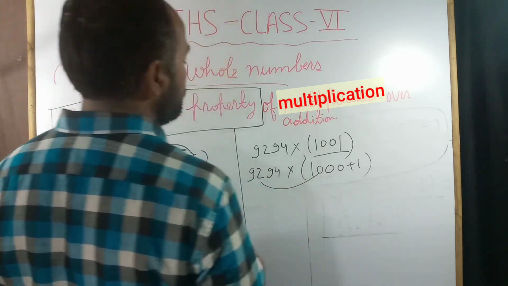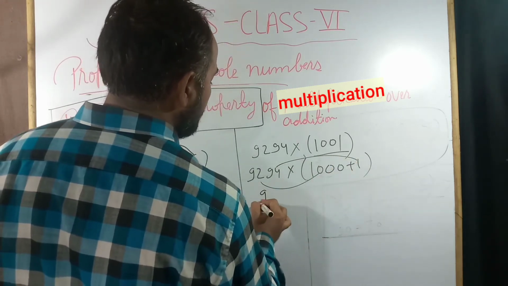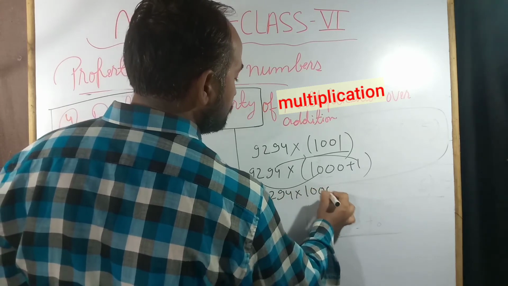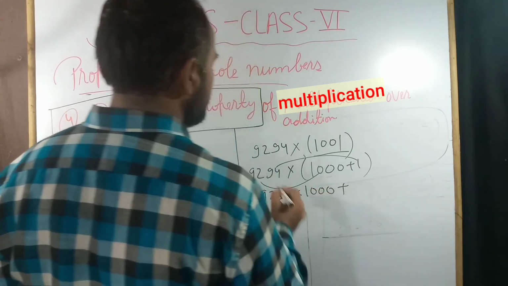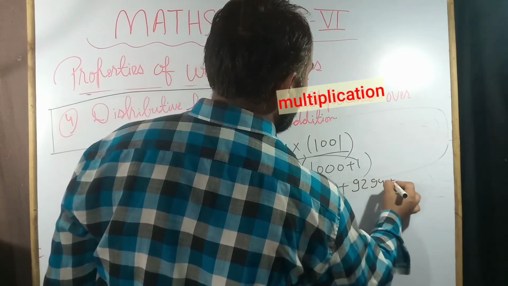First of all I will multiply with 1000, then I will multiply with 1. So what will happen? 9294 multiplied by 1000 plus 9294 multiplied by 1.